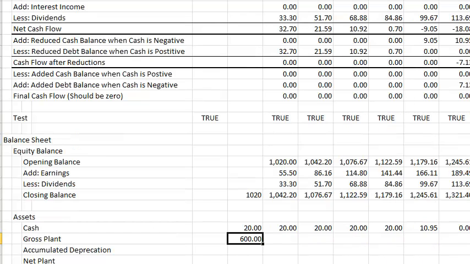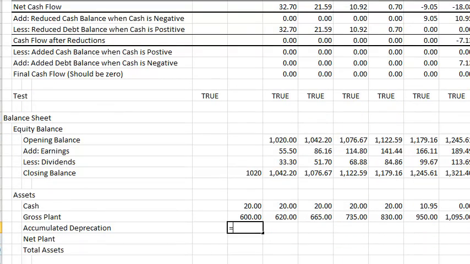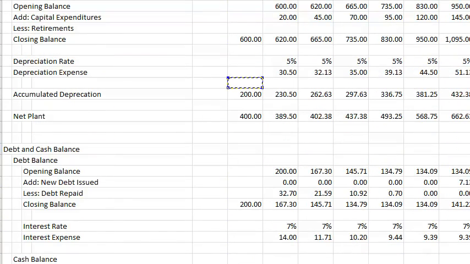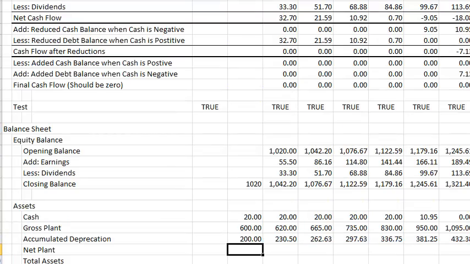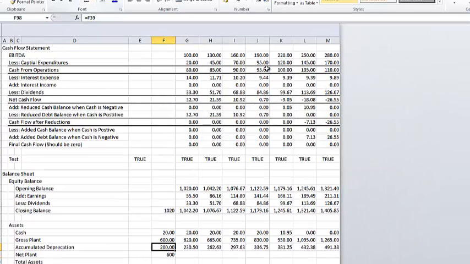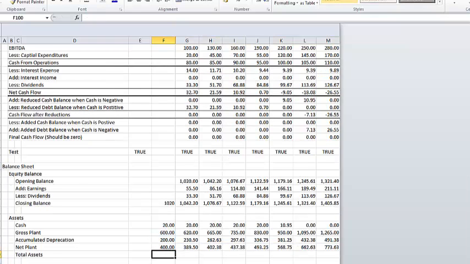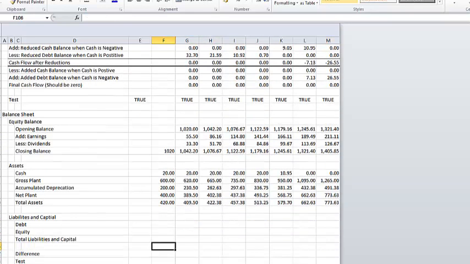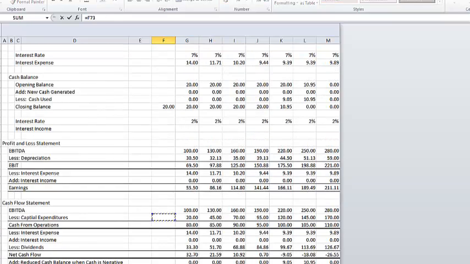That's here. Okay. And then we have our accumulated depreciation, and that's this one. Our net plant is the difference, and our total assets, I can't sum them, the net plant. Okay, I hope. And our debt comes from our debt schedule.